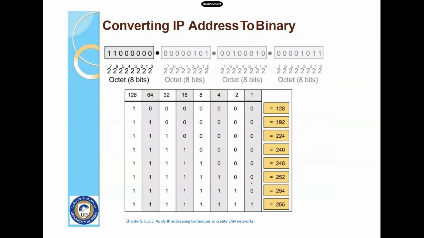Here is another technique, similar to the previous one. You just put the powers of 2: 1, 2, 4, 8, all the way to 128, and then you perform the addition.